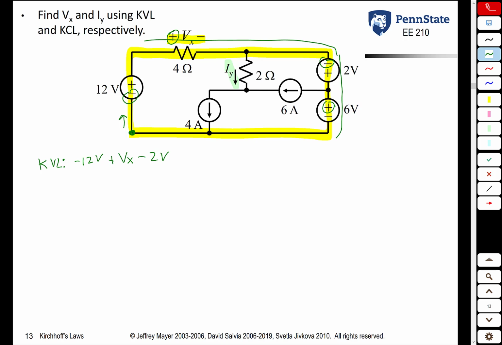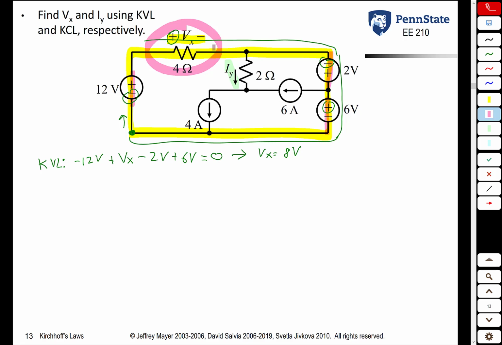Continuing on, plus 6 volts. I'm back to where I started. Set that all equal to 0. The only unknown is Vx, so you can solve for it: Vx has to be 8 volts. This works because we know the voltage drop across each of these elements, and this is our only unknown.